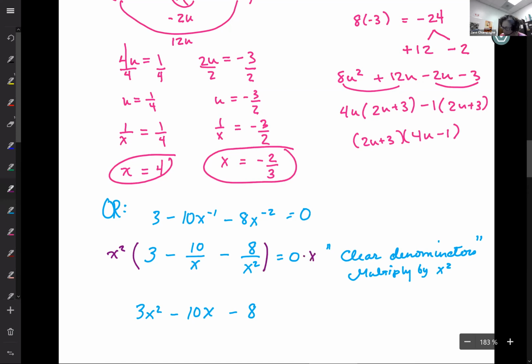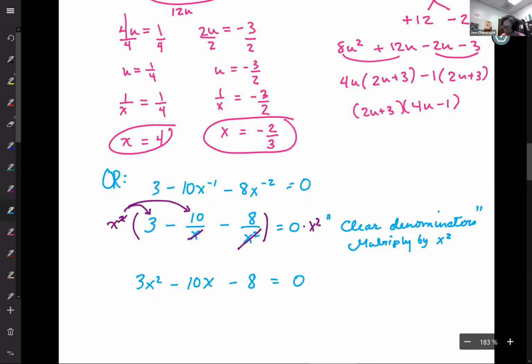Because multiplying both sides by x squared, you distribute, and one of the x's cancels here, right? Leaving you with 1, and the whole x squared cancels there, leaving you with nothing. And it's still equal to 0, because 0 times anything is still 0.